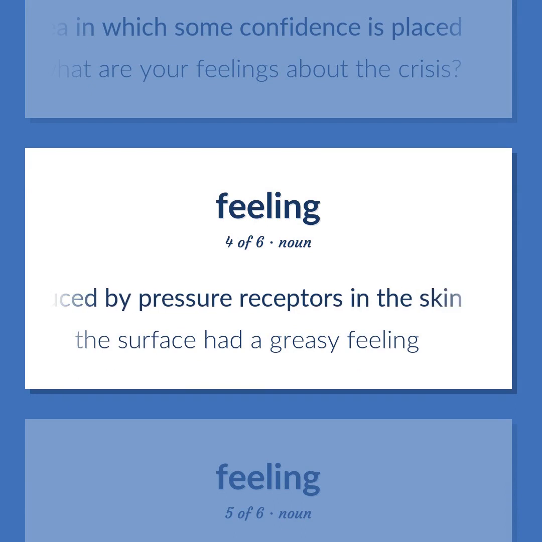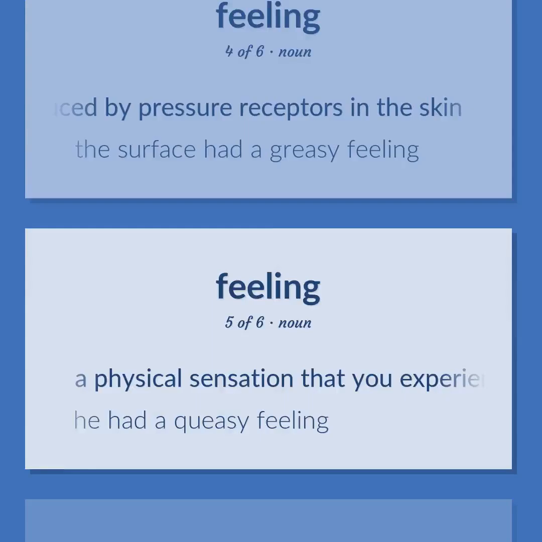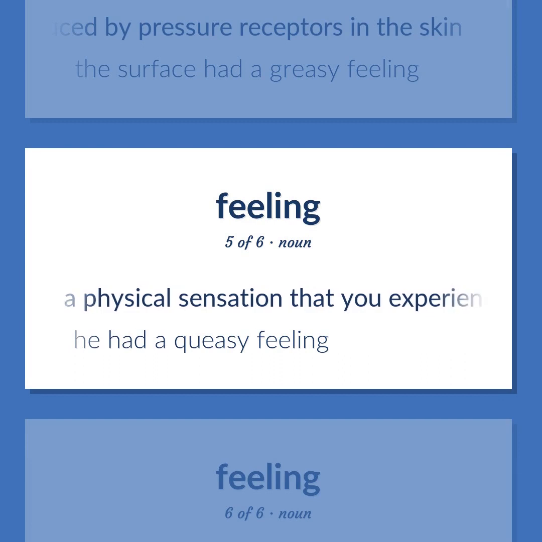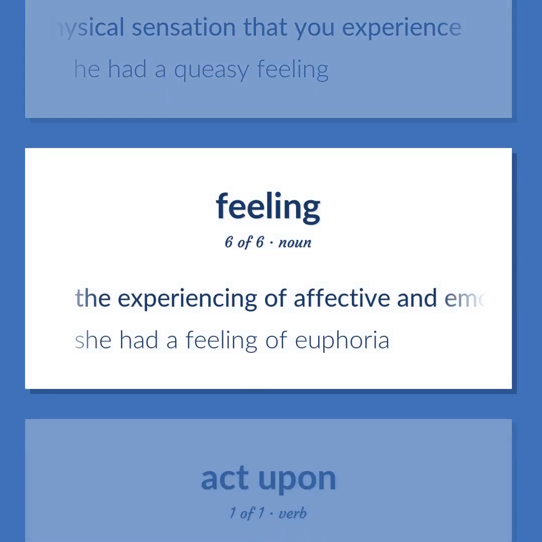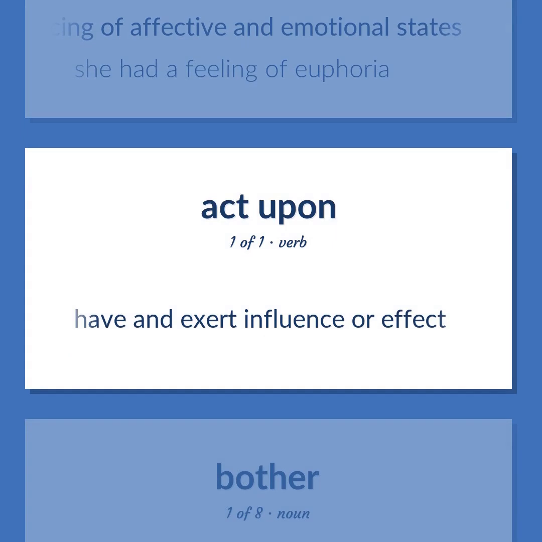The surface had a greasy feeling. A physical sensation that you experience. He had a queasy feeling. The experiencing of affective and emotional states. She had a feeling of euphoria. Have and exert influence or effect.